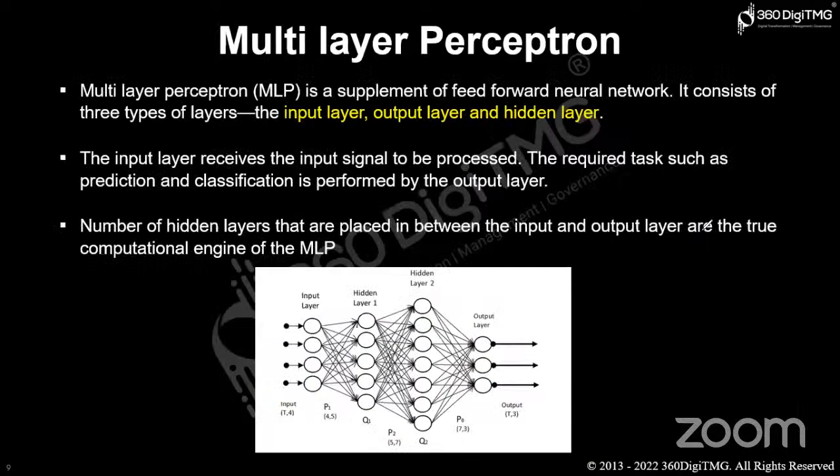When it comes to multi-layer perceptron, instead of having just one layer, we'll be having multiple hidden layers. Whatever is happening inside this is kind of a black box technique.